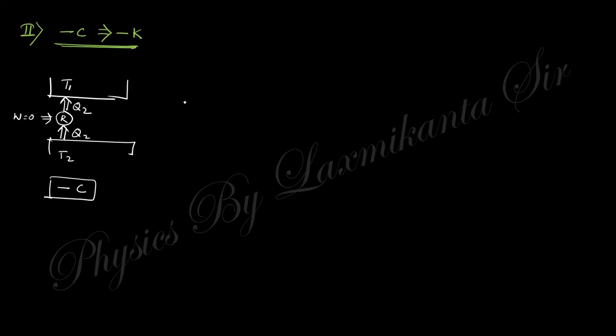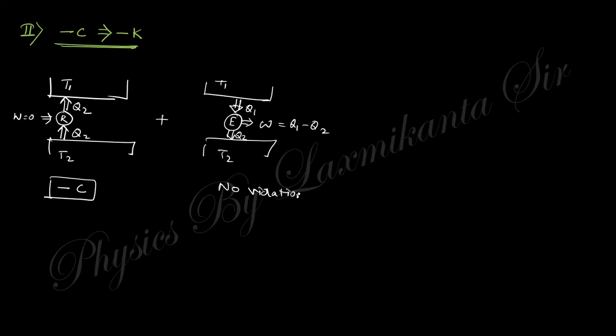Now, if you combine this with an engine, which takes Q1 amount of heat, does some work, and transfers Q2 amount of heat to the sink, with W equal to Q1 minus Q2, there is no violation of law.